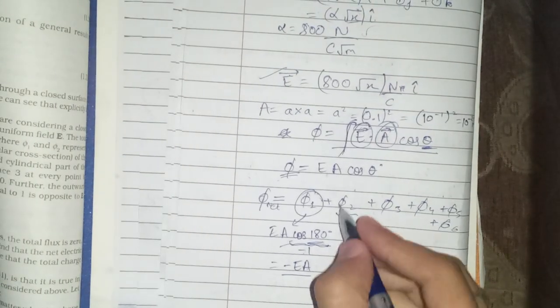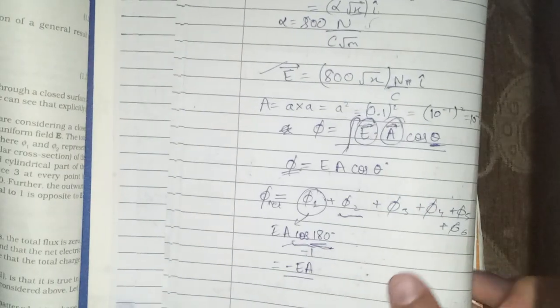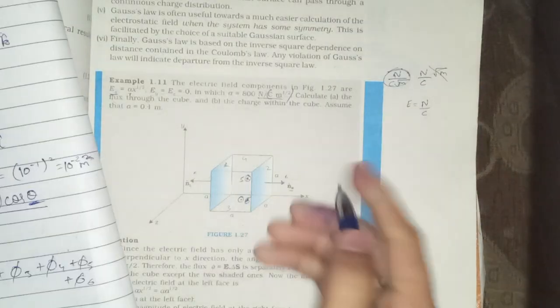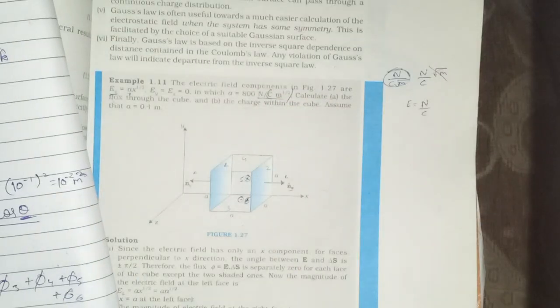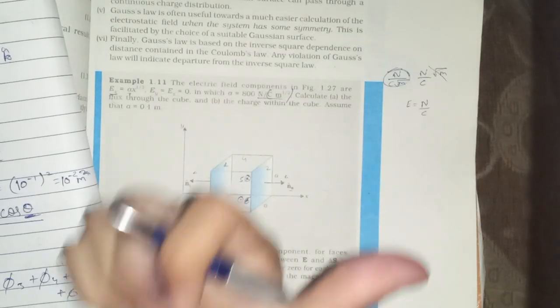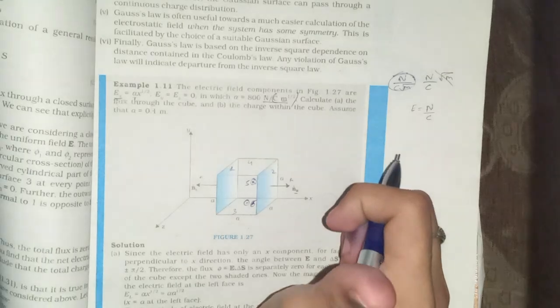Let's do the flux for surface 2. For surface 2, the area vector is pointing in this direction, and the electric field is also pointing in this direction, so theta is 0.